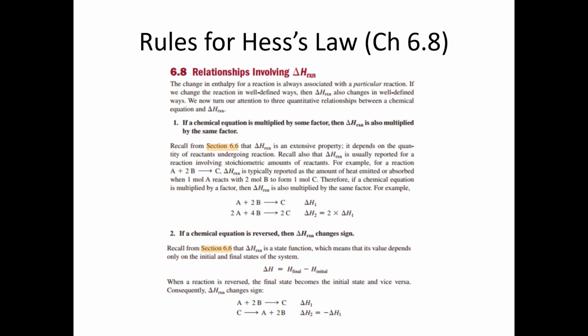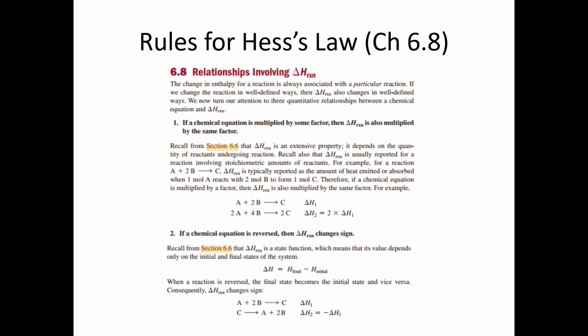So one of them we've kind of seen a little bit before, this idea that the delta H value depends on the coefficients. So you can see right here, and this is an excerpt from your textbook, that for example, if you double the coefficients, it would double the delta H. If you triple the coefficients, it would triple the delta H. If you cut everything in half, it would cut the delta H in half. So there's a relationship between the coefficients and the delta H value given.